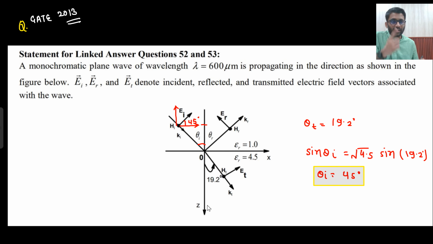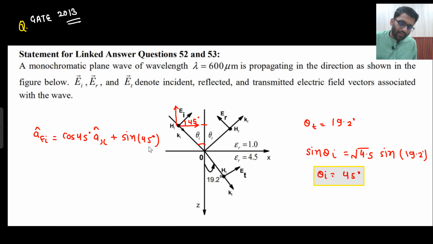Okay. So if I write down the unit vector, the direction of AEI, what would that be? 1 cos 45 AX cap plus 1 sin 45 minus AZ cap, because this is plus Z. So the upward direction is minus AZ cap.